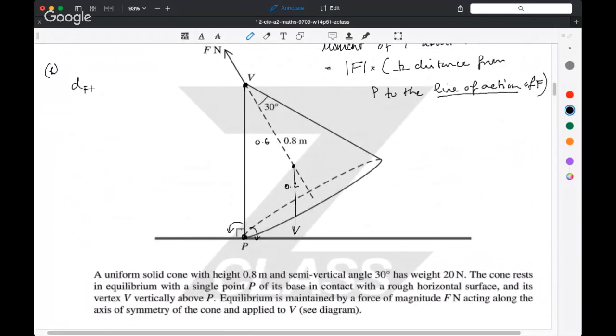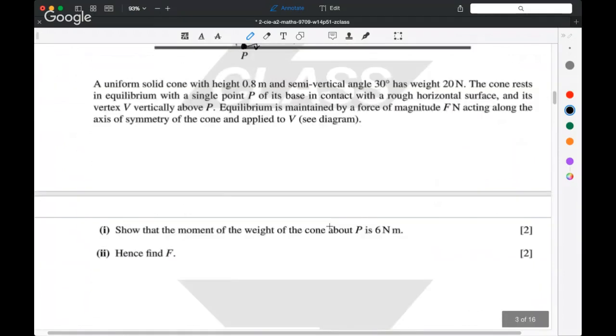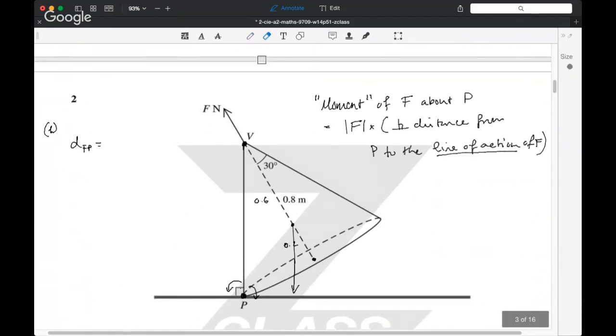Sorry, I am getting ahead of myself. I'm answering the next question. For the first question, they only want the moment of the mass, and then we'll find the other moment in a second.